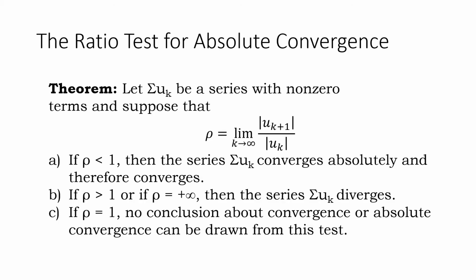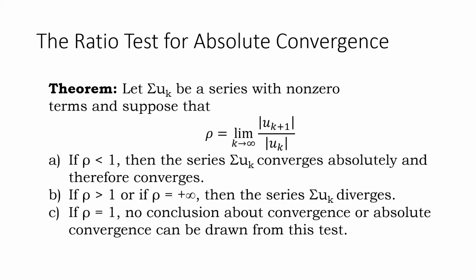Let the summation of u sub k be a series with nonzero terms and suppose that rho is equal to the limit of the absolute value of u sub k plus 1 over the absolute value of u sub k as k approaches positive infinity.